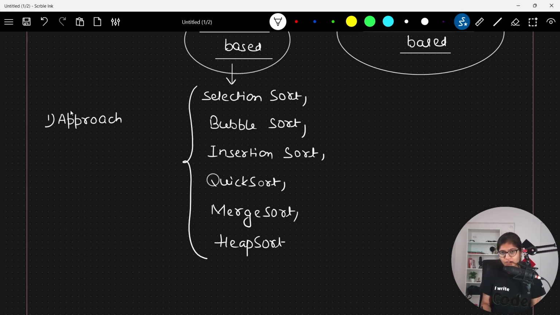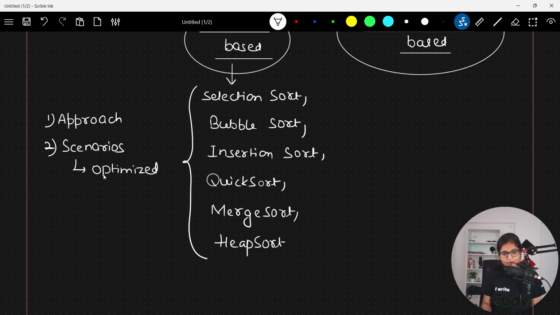You just need to focus on the approach as the very first thing. Secondly, you need to understand in what scenarios mainly which sorting algorithm will be the optimized one.